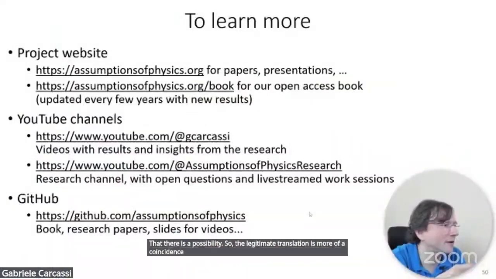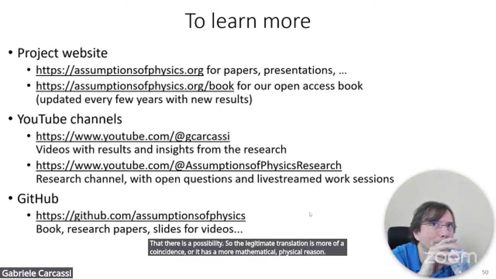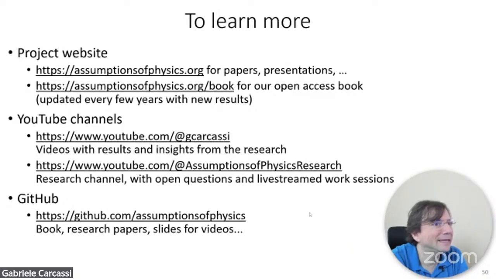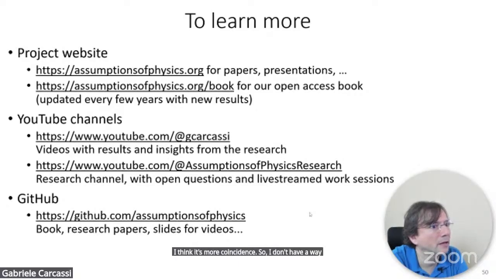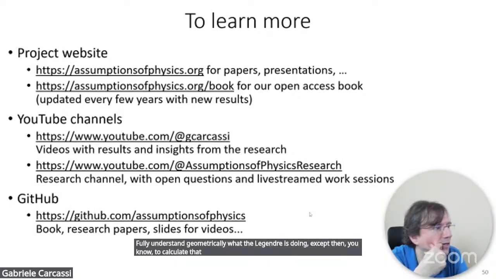So is the Legendre transformation more of a coincidence, or does it have a more mathematical or physical reason? I think it's more coincidence. I don't have a way to fully understand geometrically what the Legendre transformation is doing, except to calculate that integral.